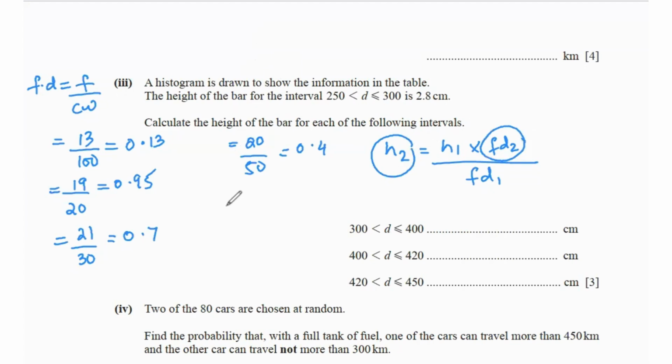So by that, what I mean is that if we do it for 300 to 400, H1 is 2.8. This is 0.13 divided by the frequency density for the first interval, which is 0.14.